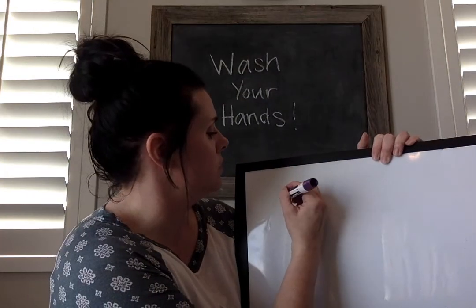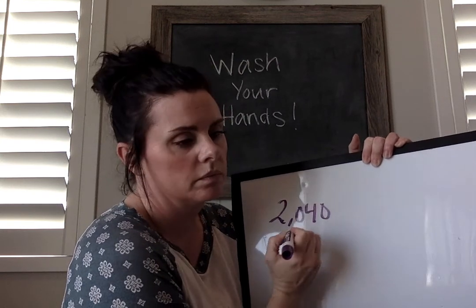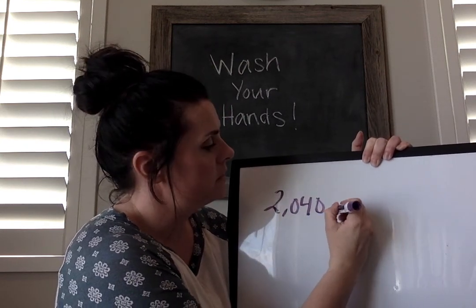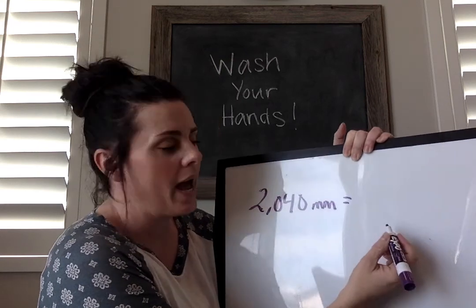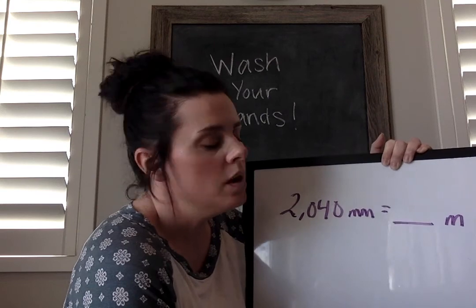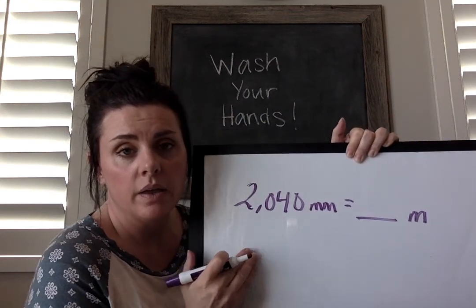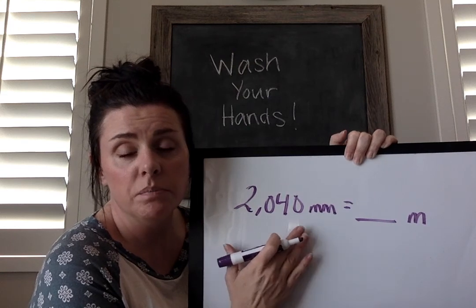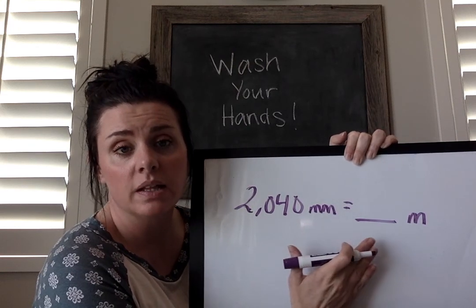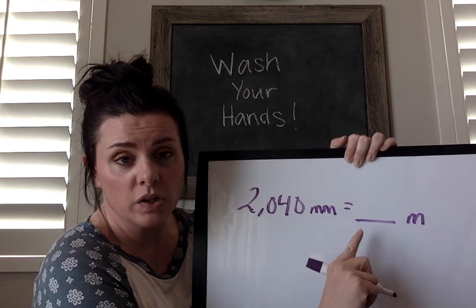Okay, we've got 2,040 millimeters equals how many meters? Okay, now in our chart I said that we would divide this millimeters by 1,000 to tell us how many meters. So if I divide this by 1,000, then I'll know how many meters.